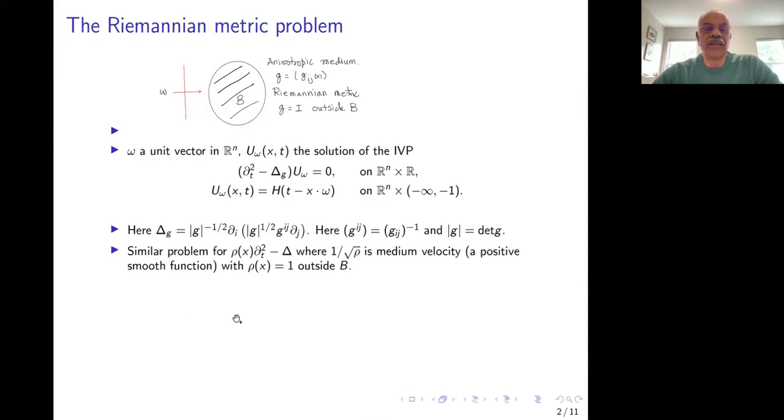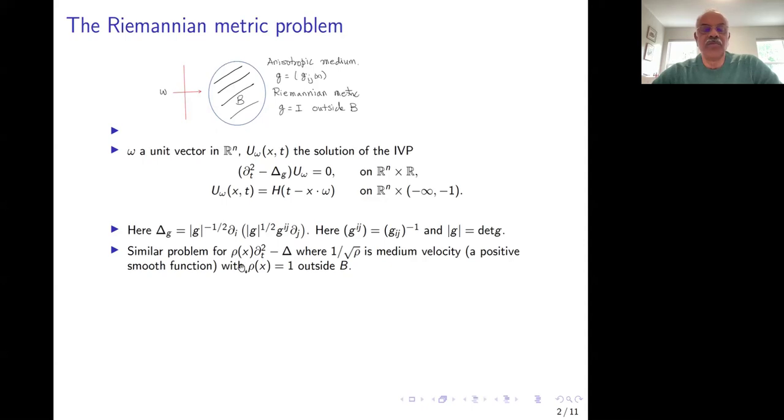We can also consider, instead of an anisotropic medium, an isotropic medium, meaning at every point the velocity is given by a function. The velocity is 1 over square root of rho, but it's more convenient to work with rho. So instead of ∂_t² - Δ_g, one could instead consider rho(x)∂_t² - Δ, where rho(x) is related to the speed of sound in the medium.